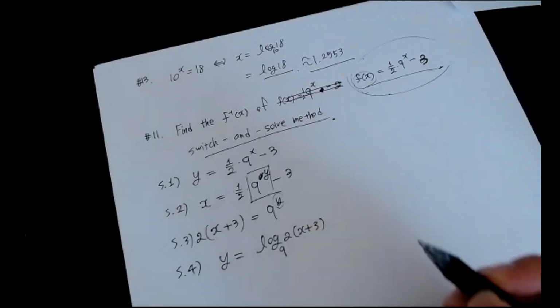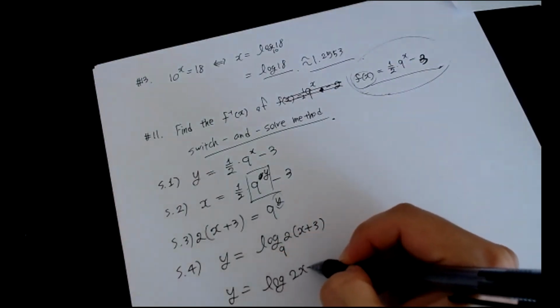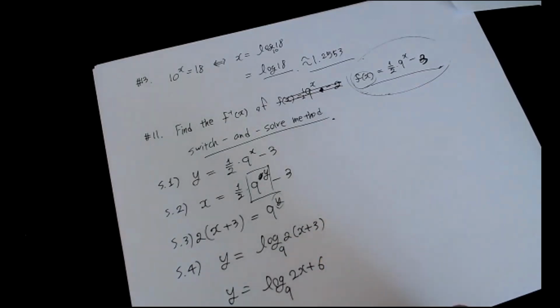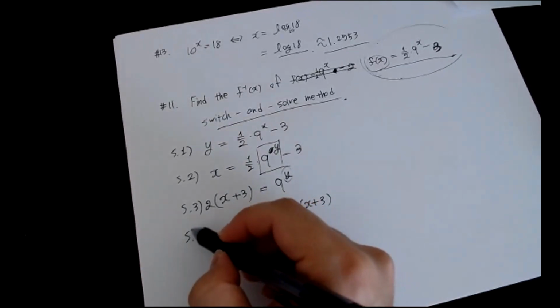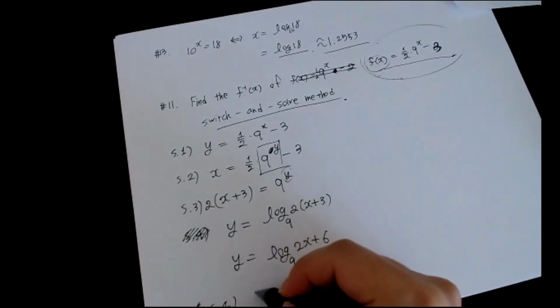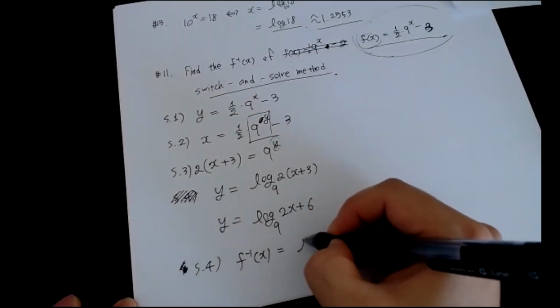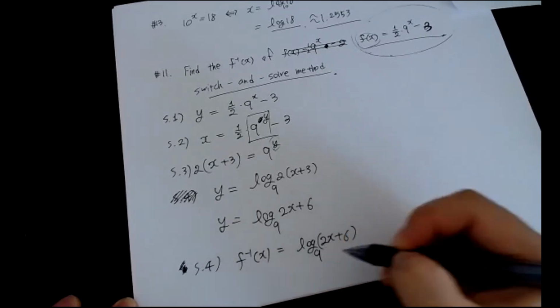So y is equal to log of 2x plus 6 to the base 9. It's not step 4, this is step 3, and then in step 4 we replace y by f inverse. f inverse is equal to log of 2x plus 6 to the base 9.